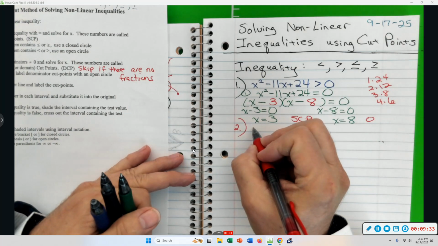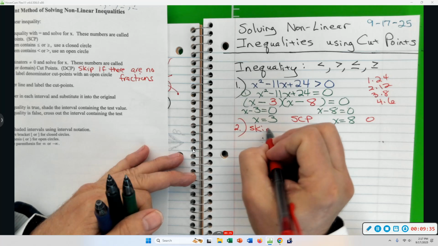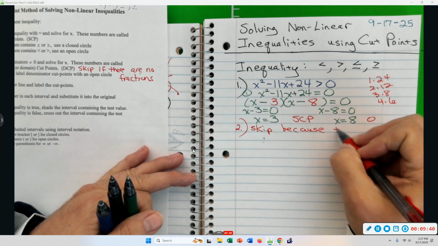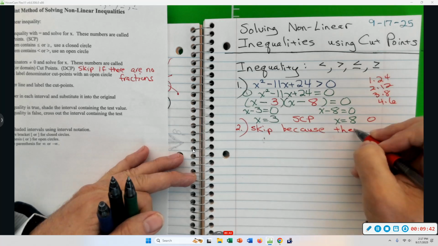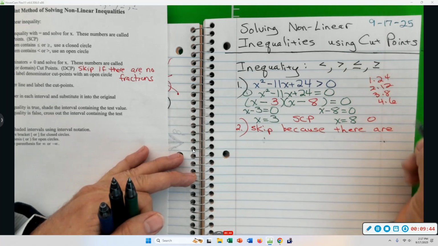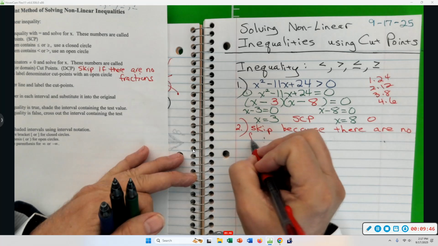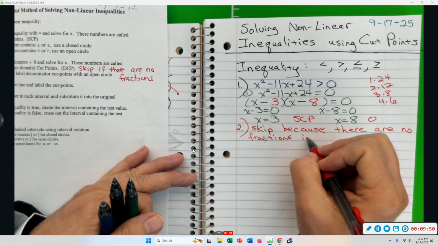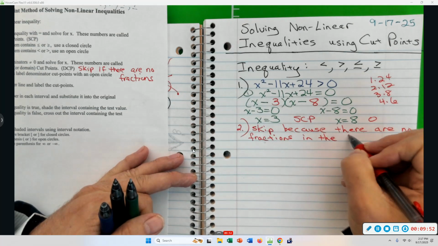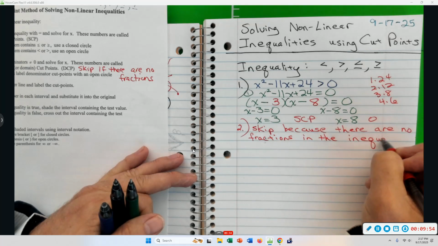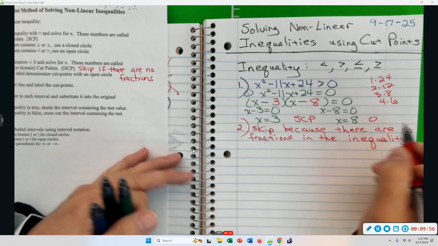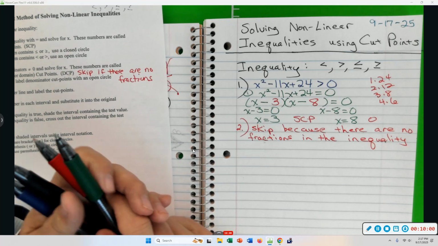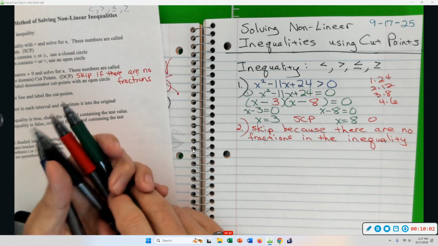But for step 2, I'm going to say skip, because there are no fractions in the inequality. In a moment, we'll see one with a fraction. We'll see quite a few of them.